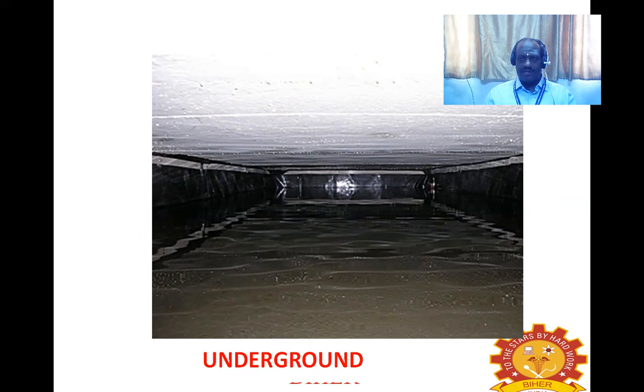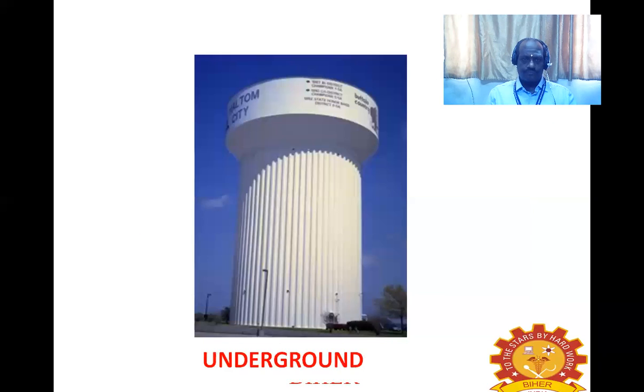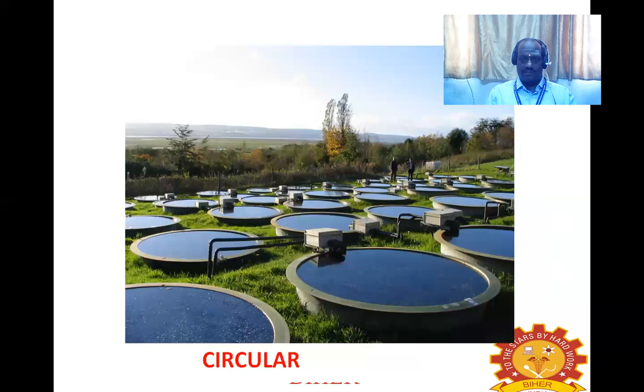We generally use the underground water tank, or we can say underground sump, in individual residential buildings. And the elevated tank we might have seen practically everywhere. For the public distribution system, we go with the elevated water tanks or storage tanks.